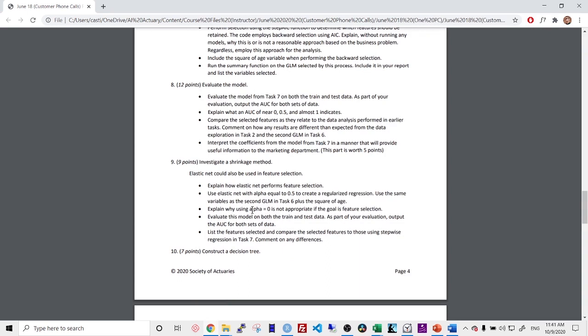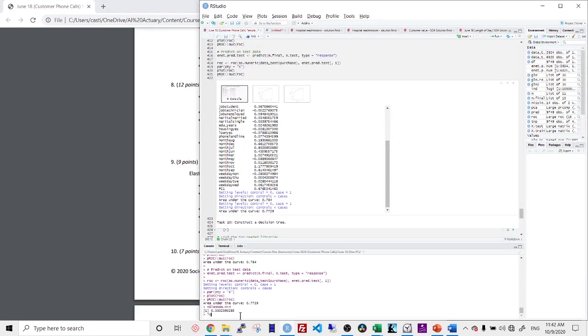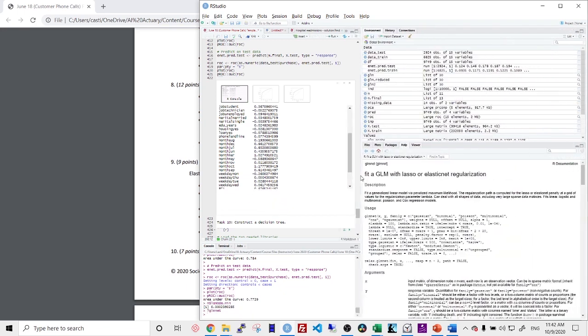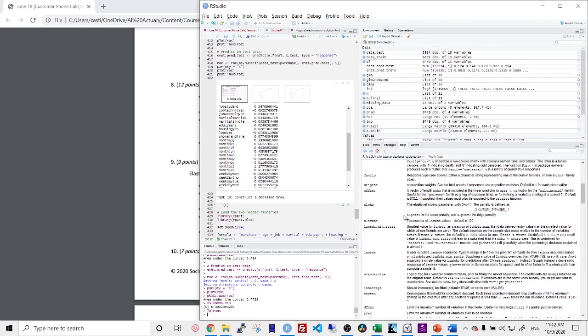So explain why using alpha equals 0 is not appropriate if the goal is feature selection. Well, when you have alpha equal to 0, what do you have? Do you have the ridge regression, or do you have the lasso? If you want to remember this, just type ?glmnet into the console. This brings up the documentation. And if you look at alpha, you can see alpha equals 1 is the lasso penalty. Alpha equals 0 is the ridge penalty.